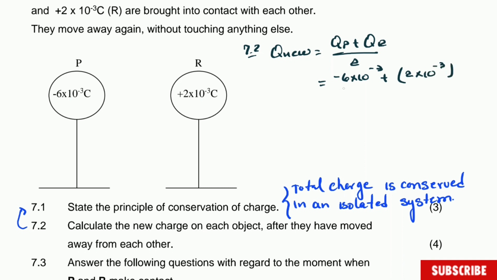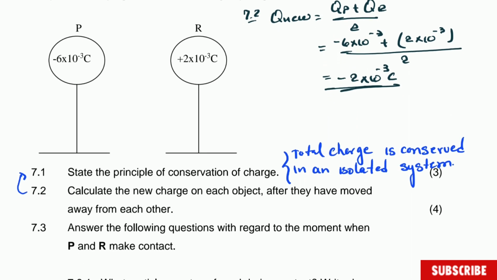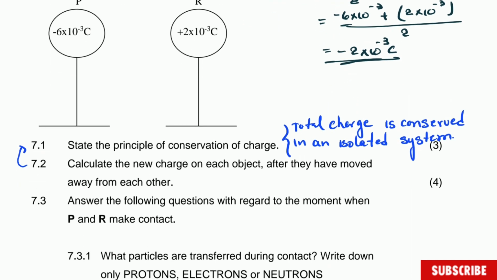Guys, in this formula you do have to substitute the sign. So when you do that calculation, you will get that the new charge on each sphere will be negative 2 times 10 to the minus 3 coulombs. That is very simple. It means that each sphere will have a charge of negative 2 times 10 to the minus 3 coulomb.